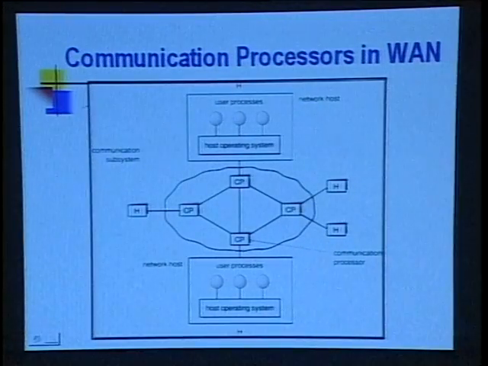In this diagram, we'll just briefly discuss how a WAN or how the communication links between the WANs function. In this diagram, we see, let's say, the H stands for host. We have a host here. It may be in a different city, another host in yet another city, another host in a different city or in the same city, and so on.